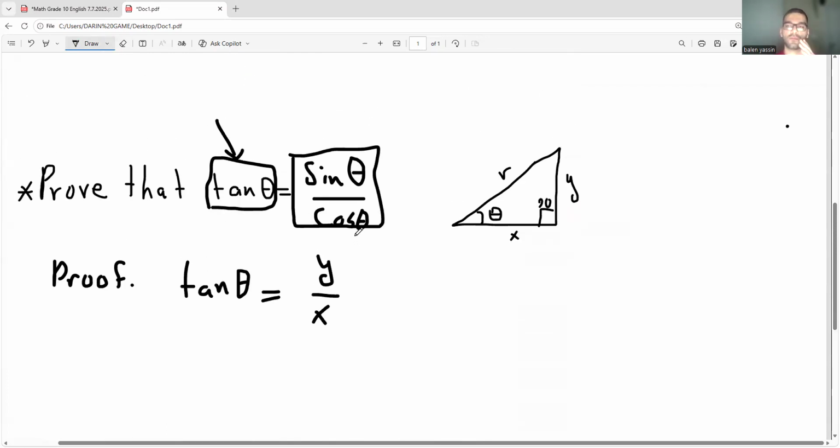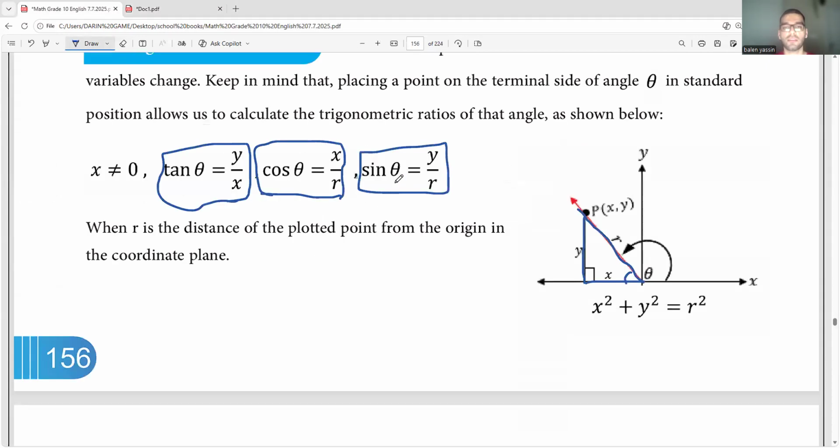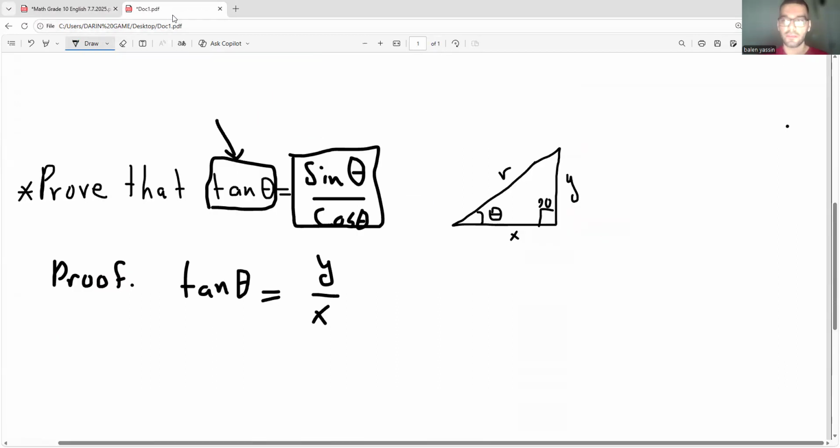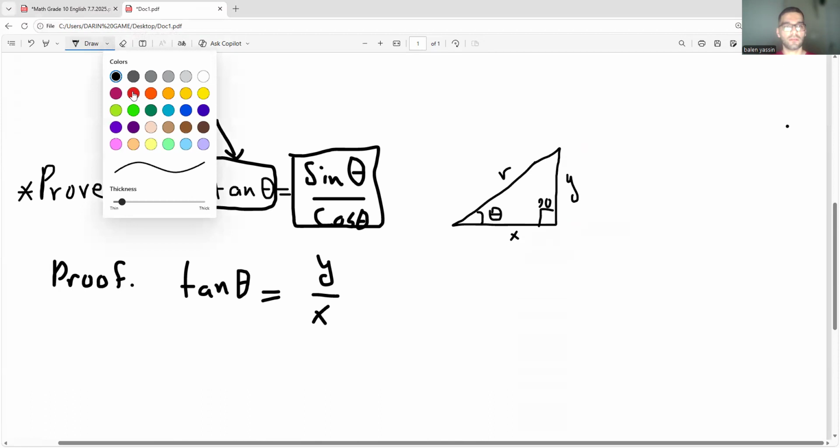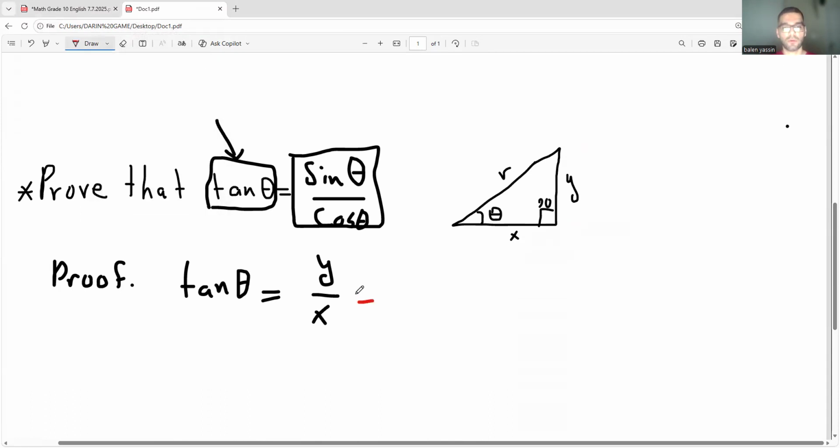Now, in order to get sine and cosine back, please take a look. Sine and cosine both include what? R, the hypotenuse, right? Since they both have it, we will add it to the equation so that both of them have it. And how can we do that? Basically, y over x again. In an equation, can I multiply by the same number above and below?